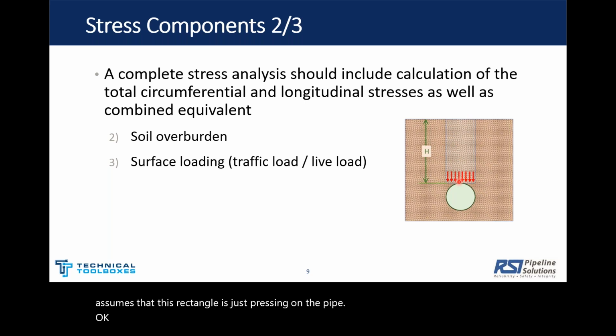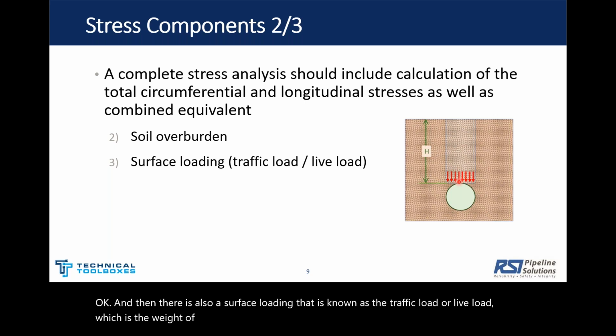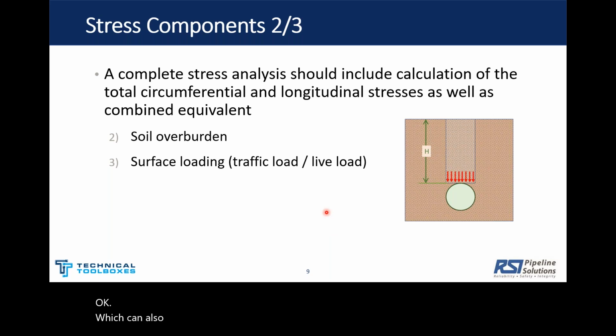And then there is also a surface loading that is known as the traffic load or live load, which is the weight of the vehicles that cross the pipe, okay? Which can also cause fatigue cycles.